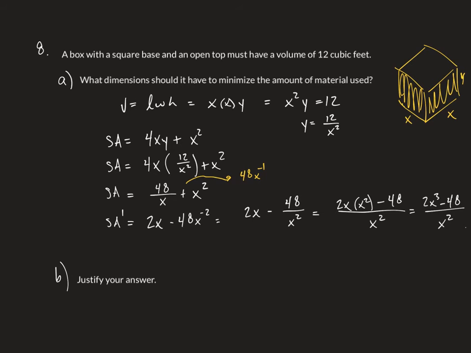So this is the derivative of my surface area function, or in other words, this function tells me how that surface area is changing at each value for the length of the base.